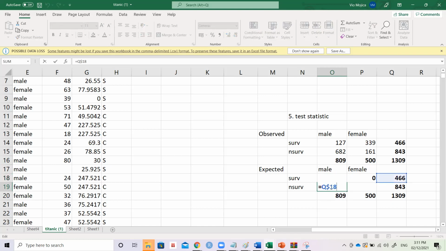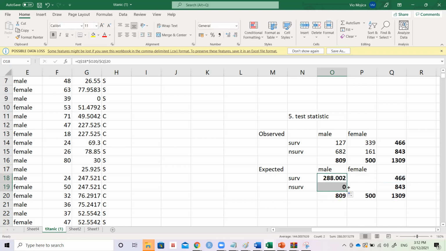You're fixing it at 18. Parang ganun. Gagawin natin this one times this one all over this one. So 1309 is fixed. This one we're going to fix it at row 18, ito column O. Kaya ko lang naman finifix so that I can drag them.